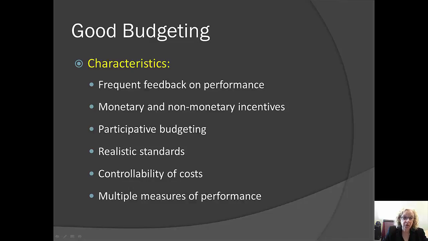Another characteristic of good budgeting is the controllability of costs. For example, the production manager may have fairly good control over how long it takes for workers to do certain tasks or how much material is consumed in various tasks, but the production manager does not have control over the wage rates for workers or the cost for the materials.